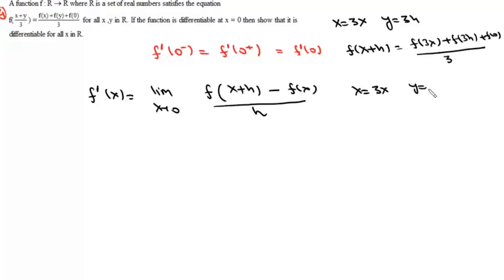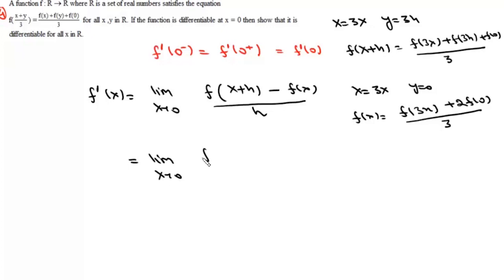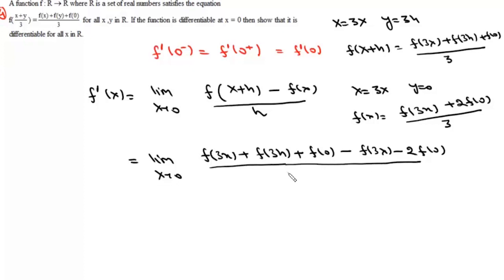And the same way we put x as 3x and y as 0, we can write f(x) as f(3x) plus 2f(0) upon 3. So now we can write this f dash x as this limit h tends to 0, f(3x) plus f(3h) plus f(0) minus f(3x) minus 2f(0), whole divided by 3h.